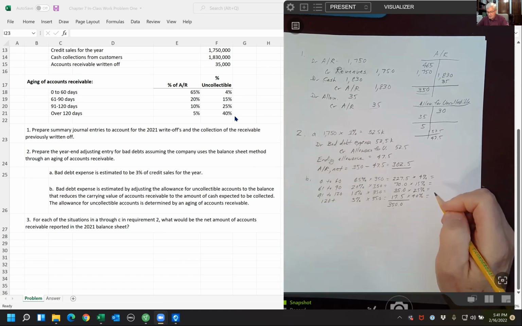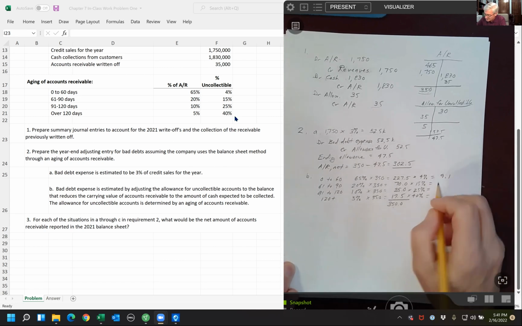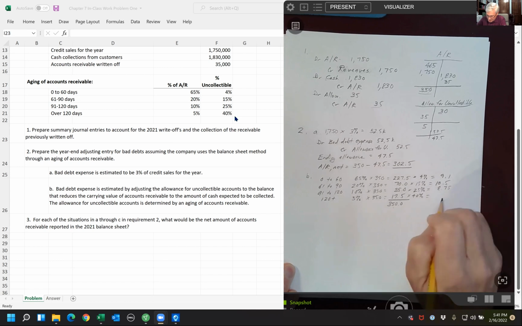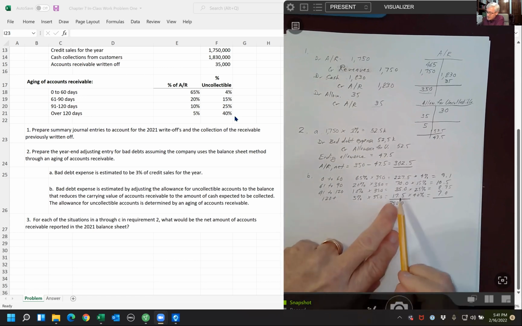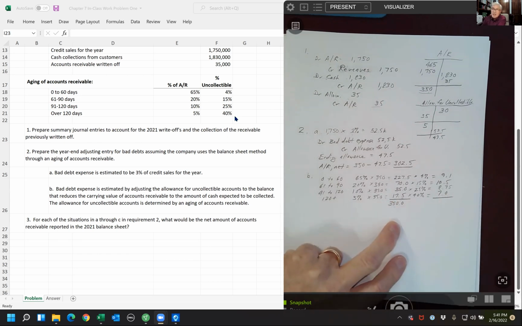So when you get to the exam, this is going to be a lot of math here. 9.1, 10.5, 8.75, and 7.0. So in other words, let's just think of this: 17,500 dollars of accounts receivable is over 120 days old, and we believe 7,000 of it will not be collected.